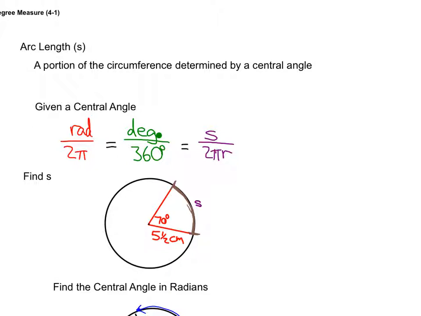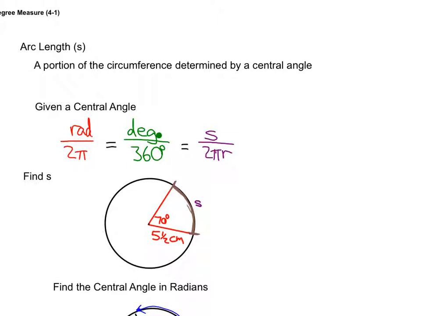So here what we have is this proportion. I like this proportion because it's really easy to use. We have the radians over 2 pi, or the degrees out of 360, and what we're talking about here is this central angle. So the central angle out of the full circle is what we're working with. It's either in radians, so the full circle is 2 pi, or it's in degrees, and the full circle is 360 degrees.